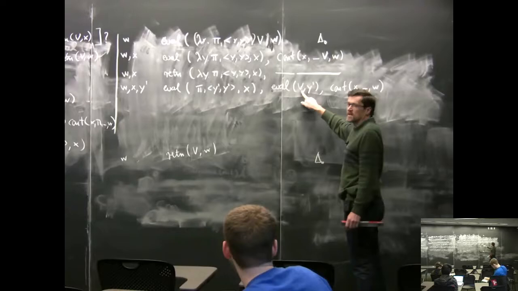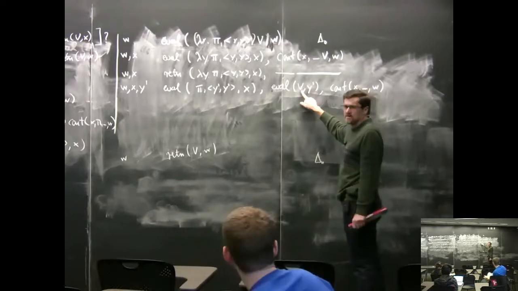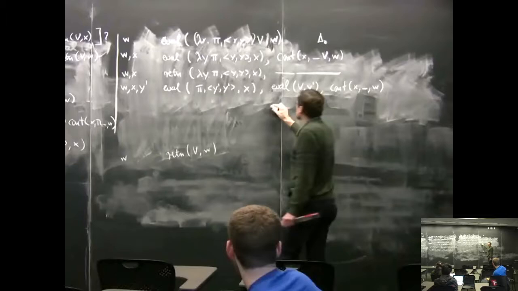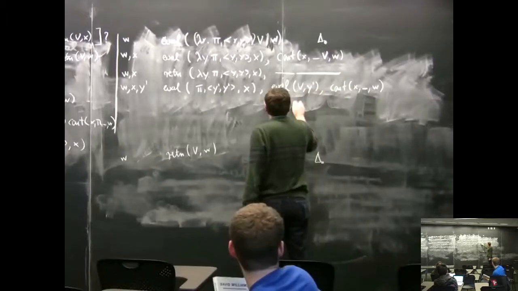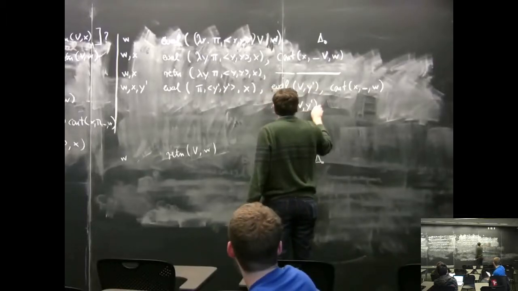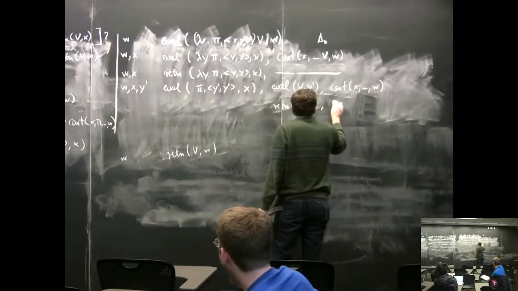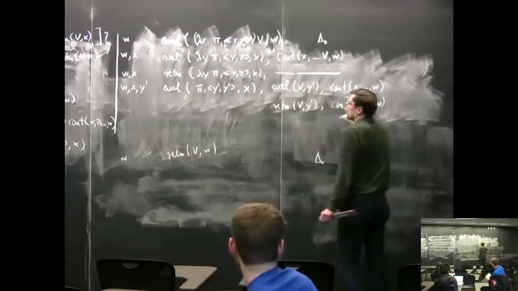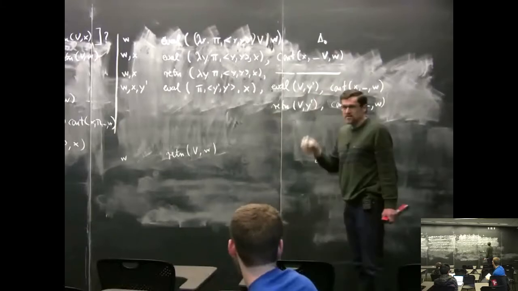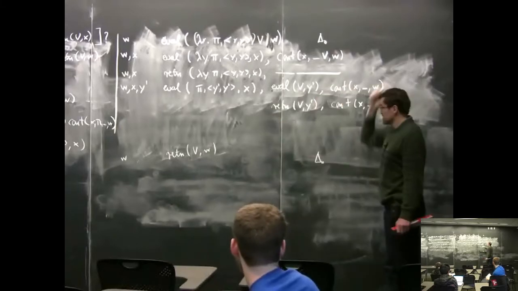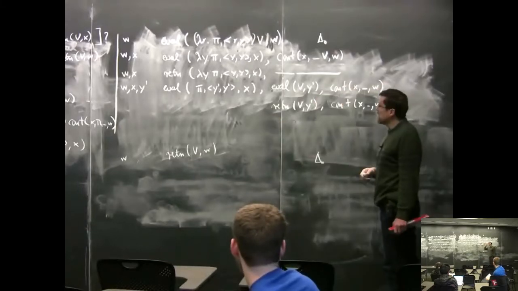Okay, so this could actually, this is the value already. So if you evaluate a value, what happens? We just return. So this just becomes return v to y prime. The continuation doesn't change, I assume. And what does this evaluation turn into?